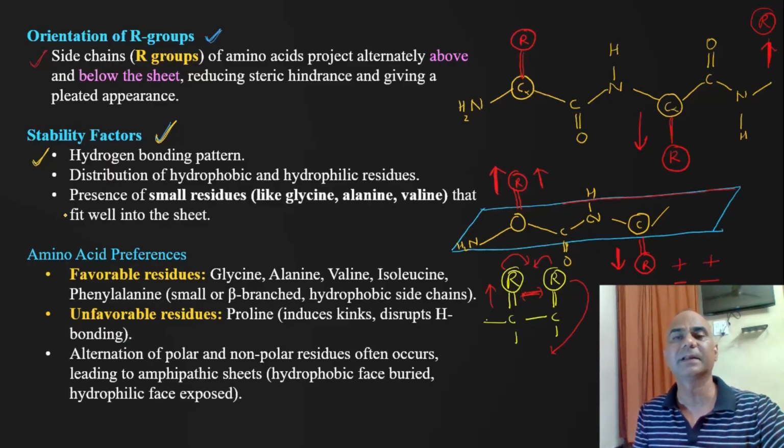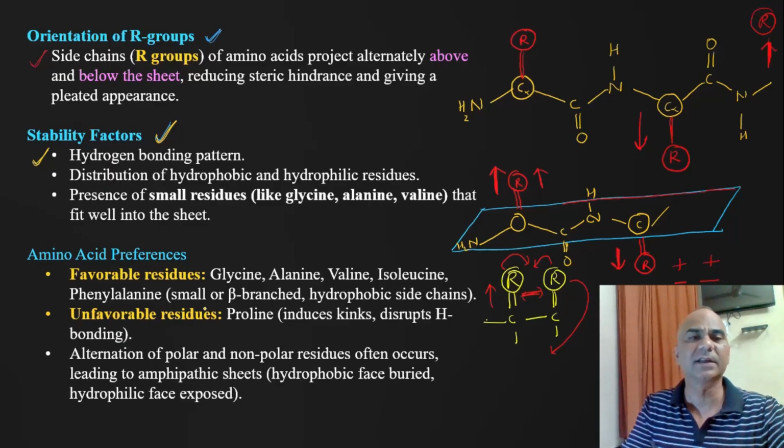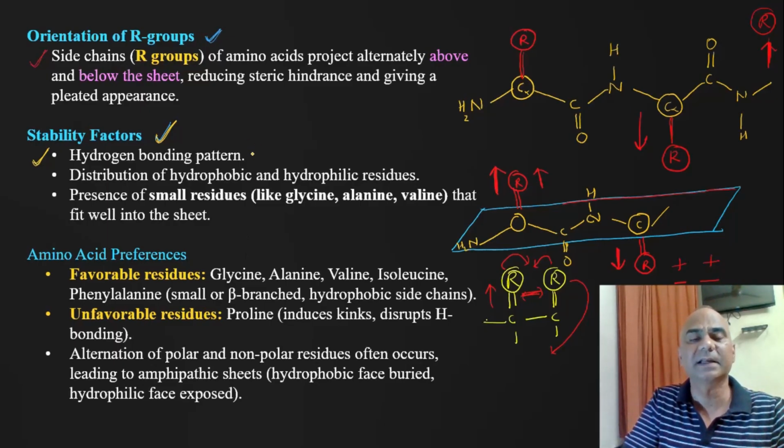Similarly, in the beta pleated sheet, all the polypeptide chains are bonded to each other by numerous hydrogen bonds, which makes the beta sheet stronger. So the hydrogen bonding pattern makes the beta sheet a stronger structure.